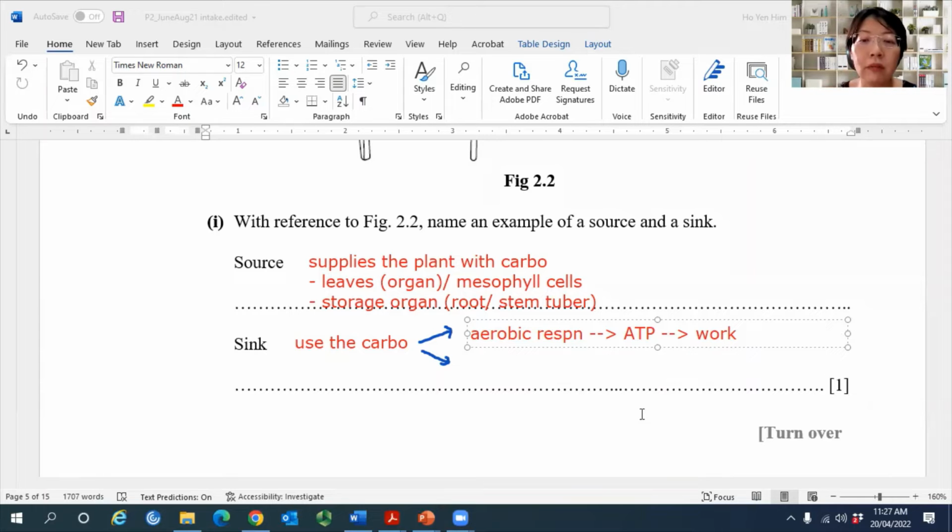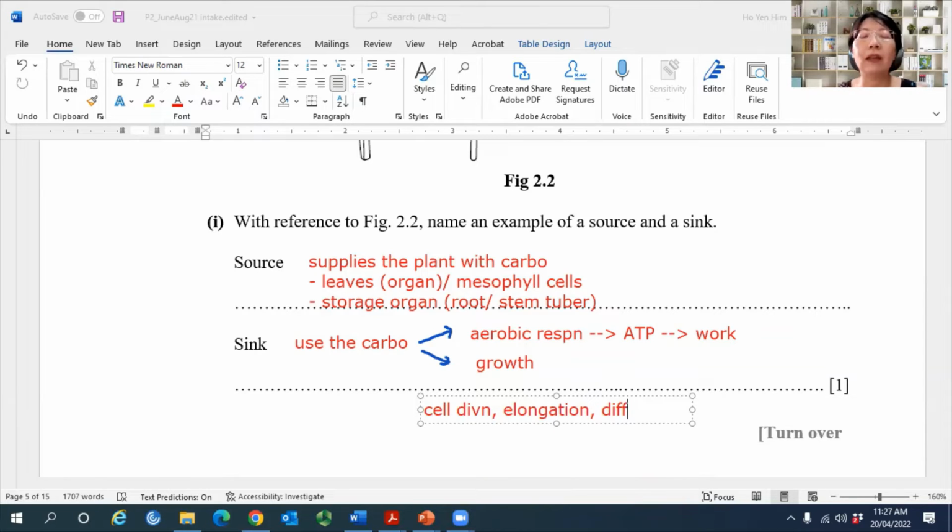Active transport, okay? Now, other than aerobic respiration, the next use of carbohydrate is for growth. Growth means what? By now you already know growth means cell division, cell elongation, and cell differentiation. So it's a very big topic.